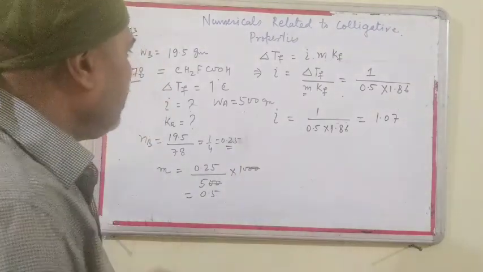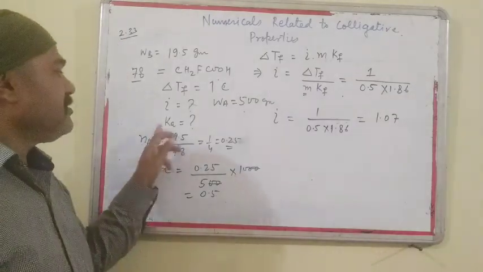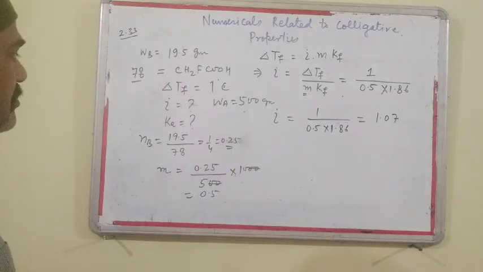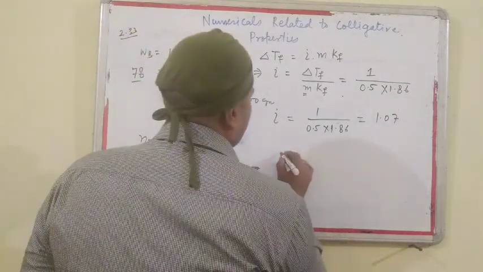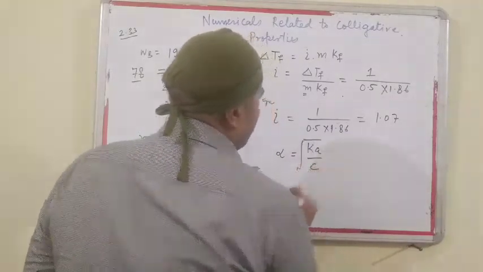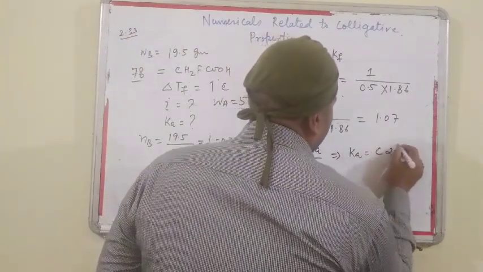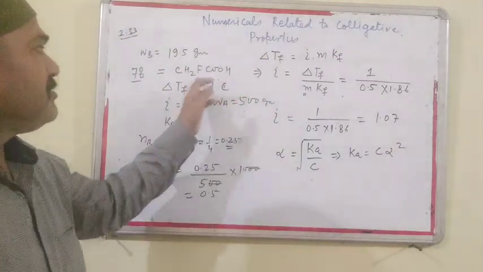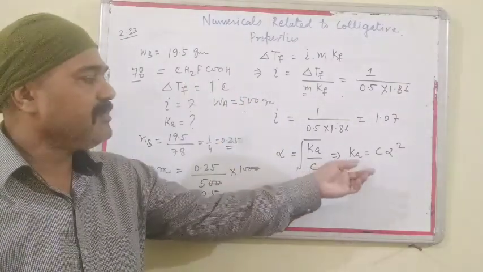Now we have to find the next one, that is the dissociation constant of the fluoroacetic acid. For this, we very well know that alpha equal to under root Ka upon C, or you can say Ka equal to C alpha square. On using the dissociation method, we can find this formula.